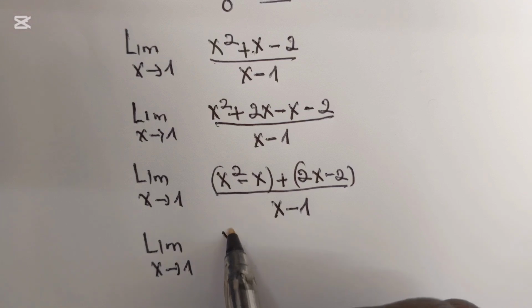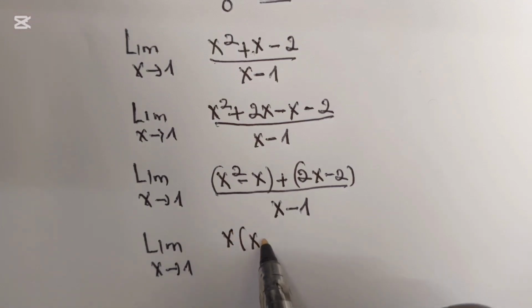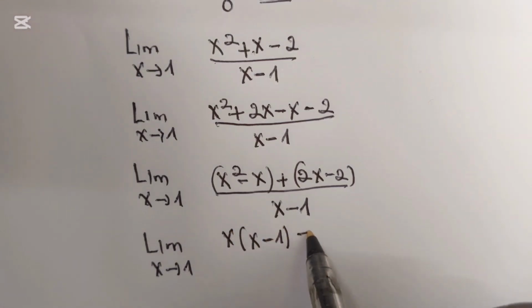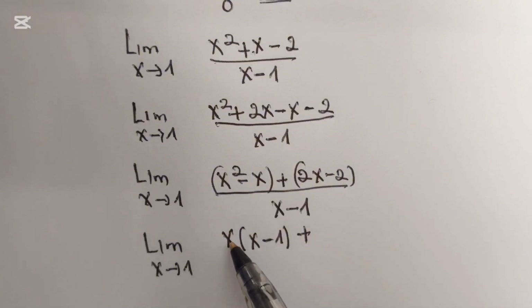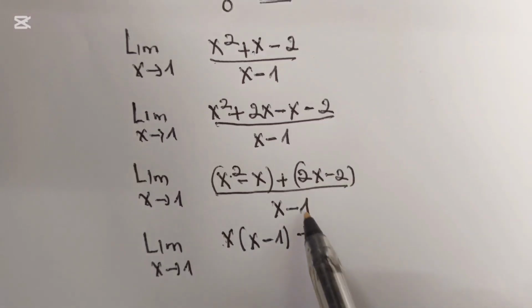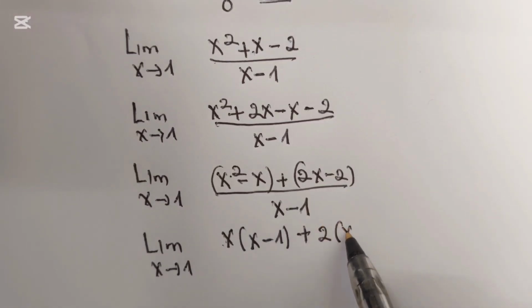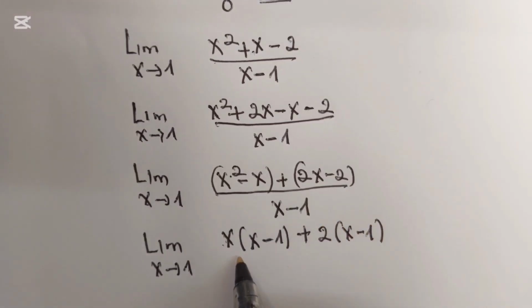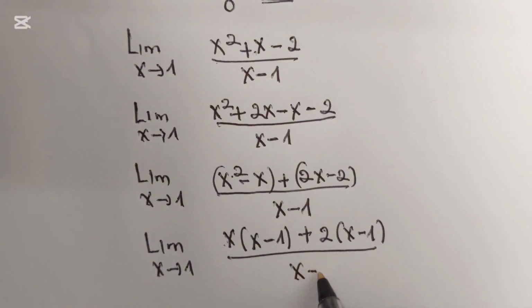Factorize x to get x times x minus 1, then plus, because you have put x outside to get x squared, and factorize 2 to get 2 times x minus 1, over x minus 1.